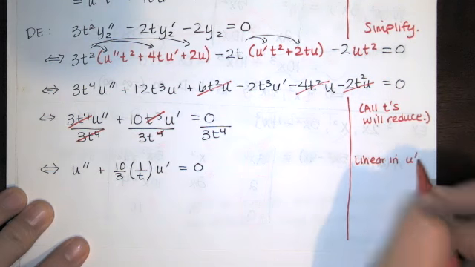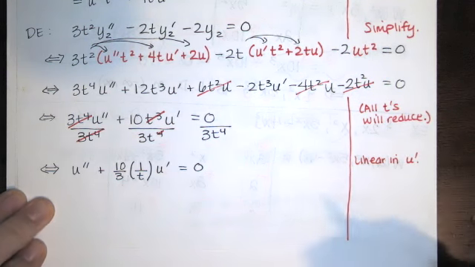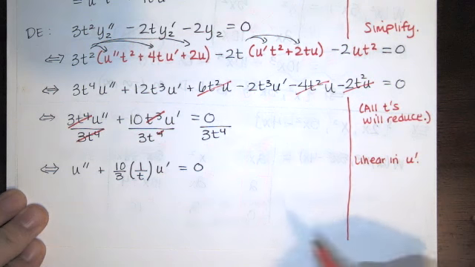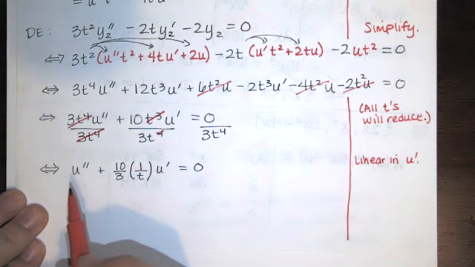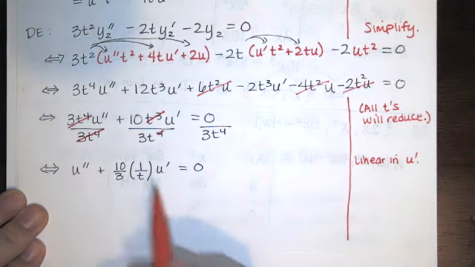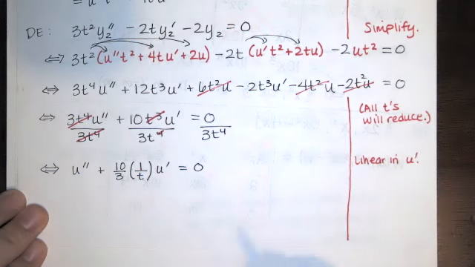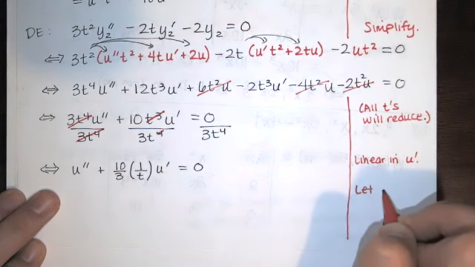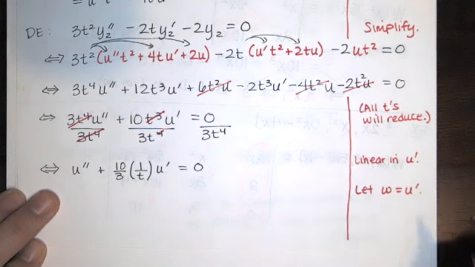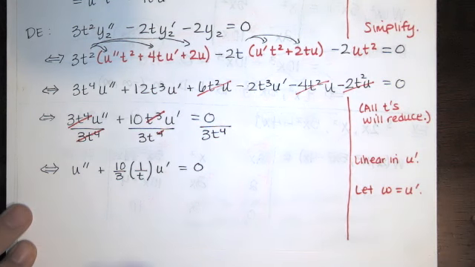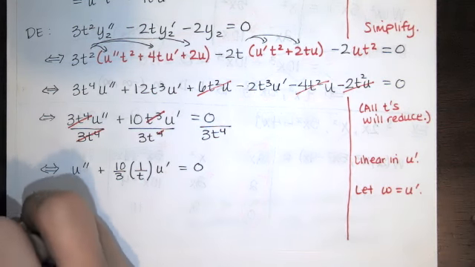Now, some students choose not to substitute, but I find that most of my students prefer to substitute because they aren't used to seeing a linear differential equation with a second derivative in it. So let's just let w equal u prime, and then we'll write this as a linear differential equation in w.